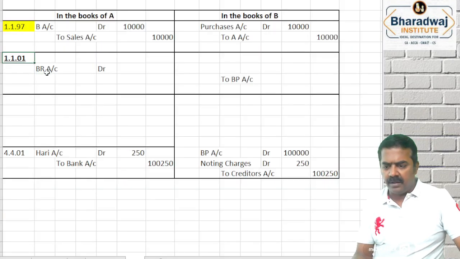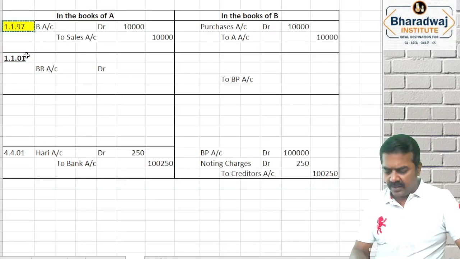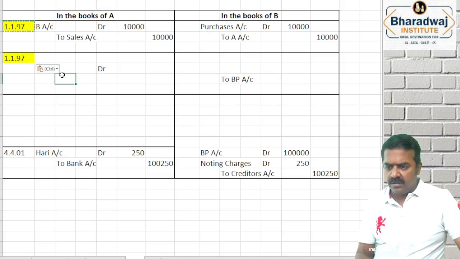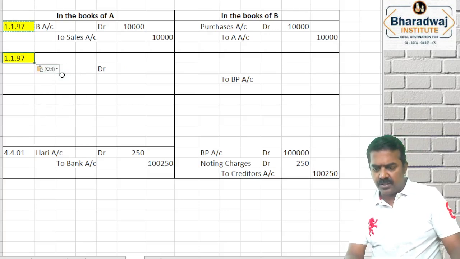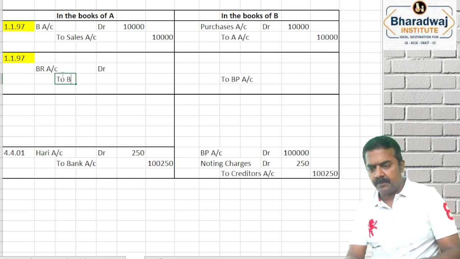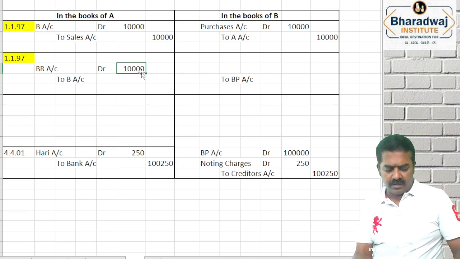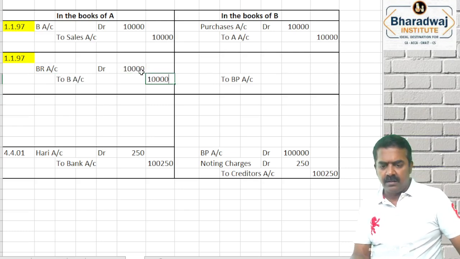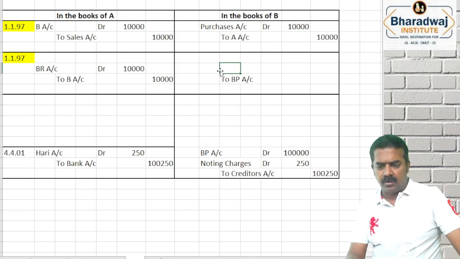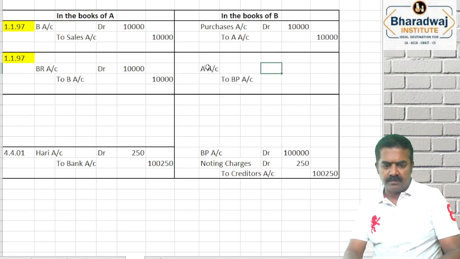Then on the same day, 1st January 97, the bill is drawn. Bills receivable account debit, to B account. A receives the bill. In B's books, B account debit... A account debit, to bills payable, for 10,000.